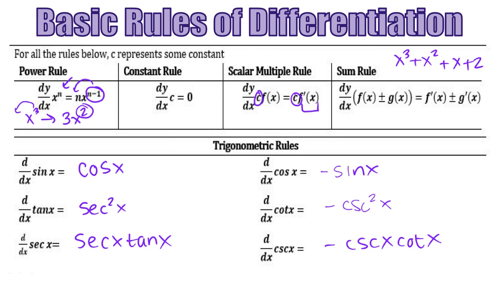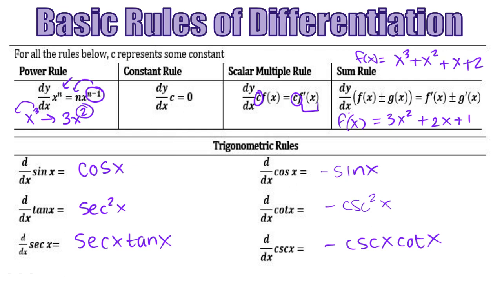So if I was taking the derivative of x to the third plus x squared plus x plus 2, I could find the derivative of each individual term. So 3x squared, x squared would become 2x if I use the power rule, x would become 1, and 2 would become 0. So we can take the derivative of each individual term and then add them together.